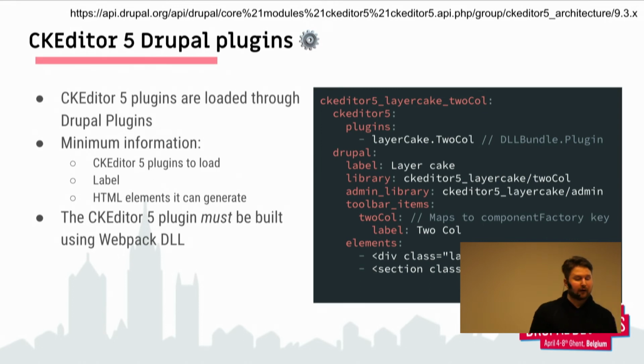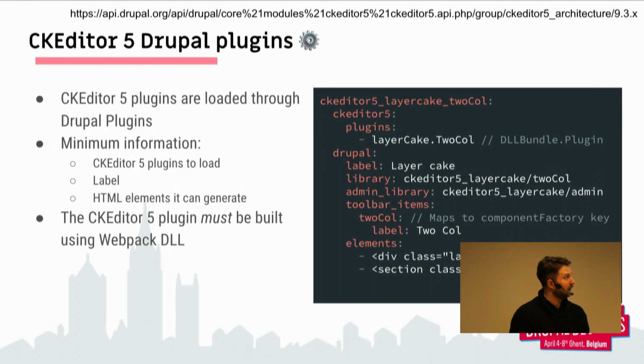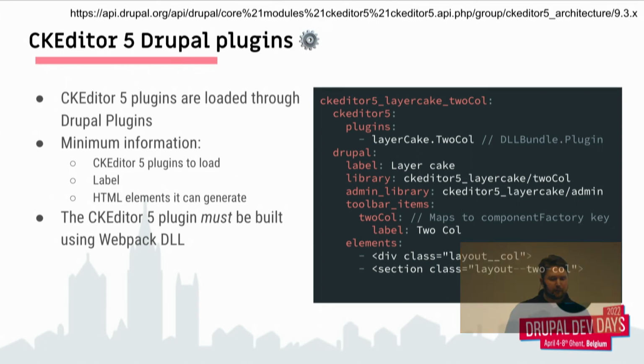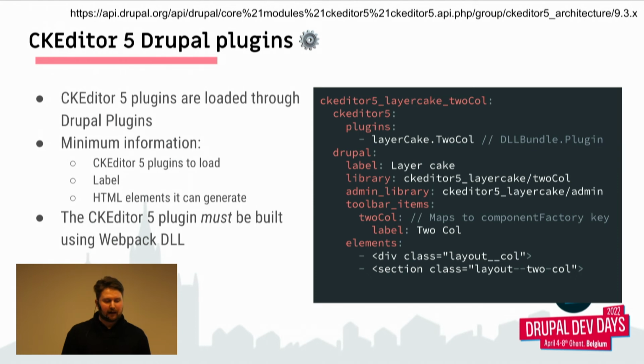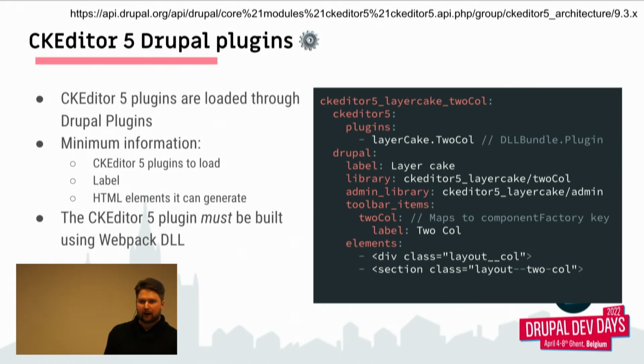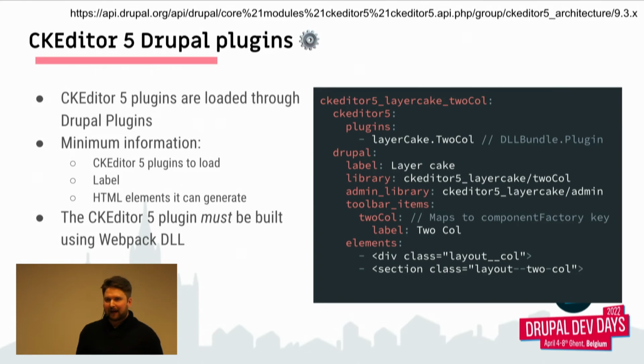Then you also need to provide a label, which is needed for the admin UI, and then you need to provide HTML elements that it can generate. It's important that you provide as accurate information as possible about the HTML elements that your CKEditor plugin can generate, because that information is used by the admin UI to do the upgrade paths and things like that.